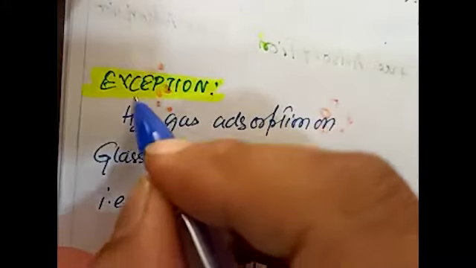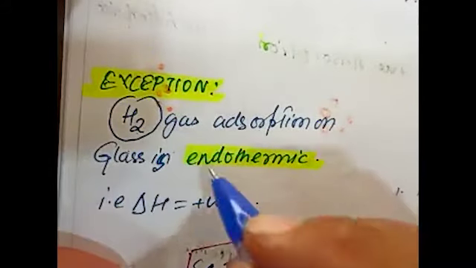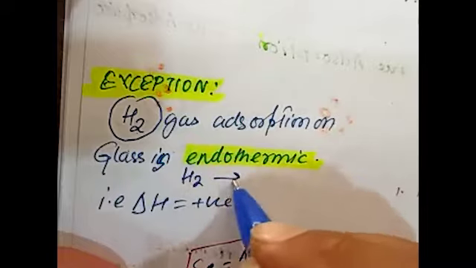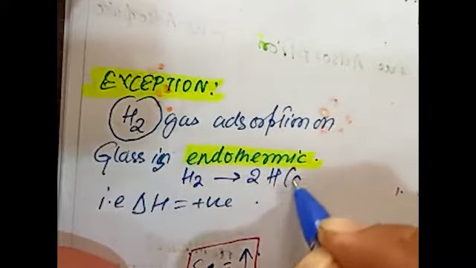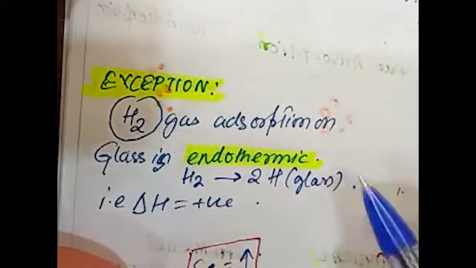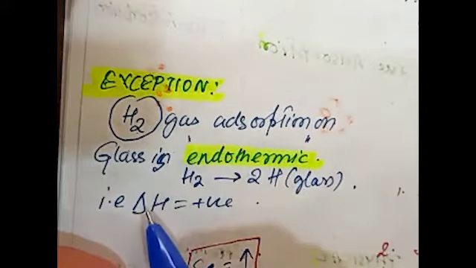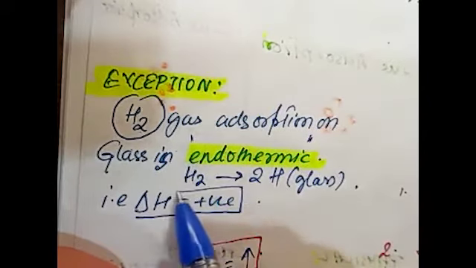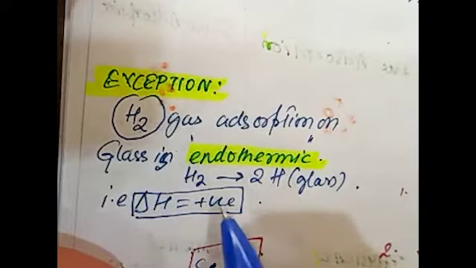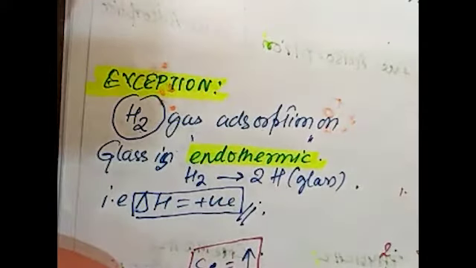If hydrogen gas is adsorbed on glass, हाइड्रोजन गैस अगर ग्लास में आके चिपक जाता है, ठीक है, सो दैट इज एंडोथर्मिक प्रोसेस. वो जो होता है एंडोथर्मिक प्रोसेस होता है, उसमें ΔH जो होता है वो पॉजिटिव होता है. ओके, द वैल्यू इज पॉजिटिव ओवर देयर.